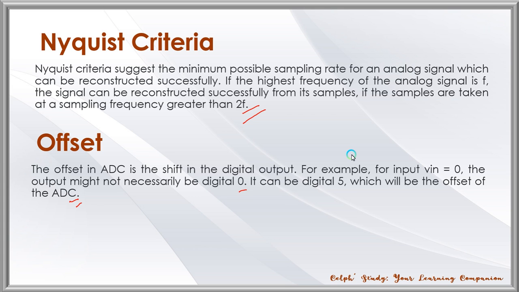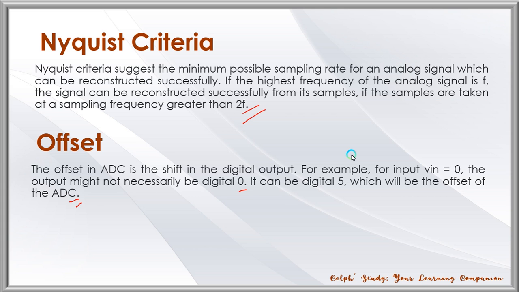Next, another term diri is Nyquist criteria. Ang Nyquist criteria, this one gasuggest lang na siya nga dapat ang aton nga minimum possible sampling rate for an analog signal which can be reconstructed successfully. So, dapat undergo sini or dapat sundon ni.